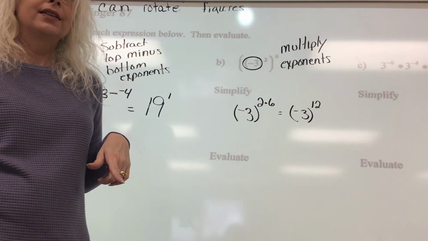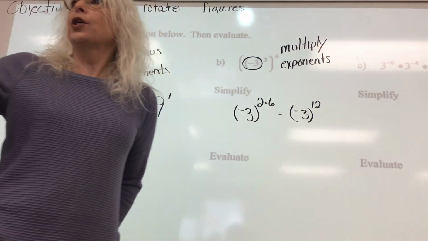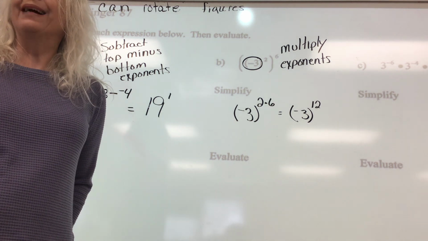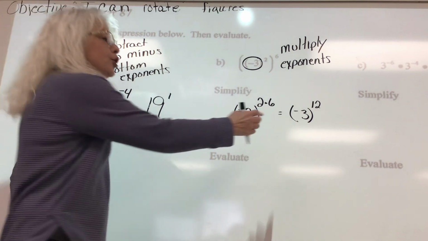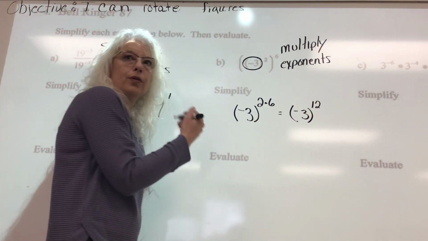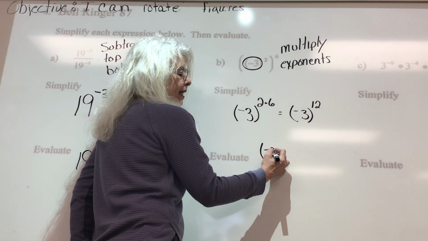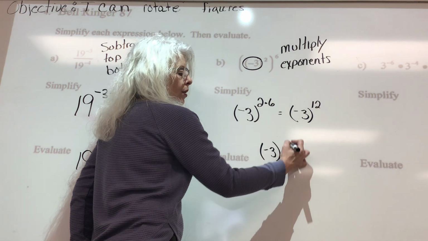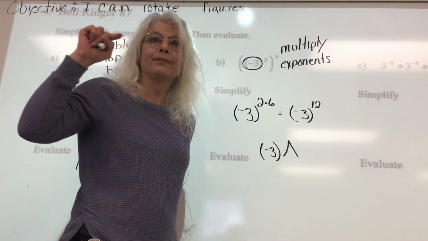Got it? Use your raise-to-a-power button. To put this into your calculator, you would do parenthesis, -3, parentheses, raise to a power, that's the button above the number 9.